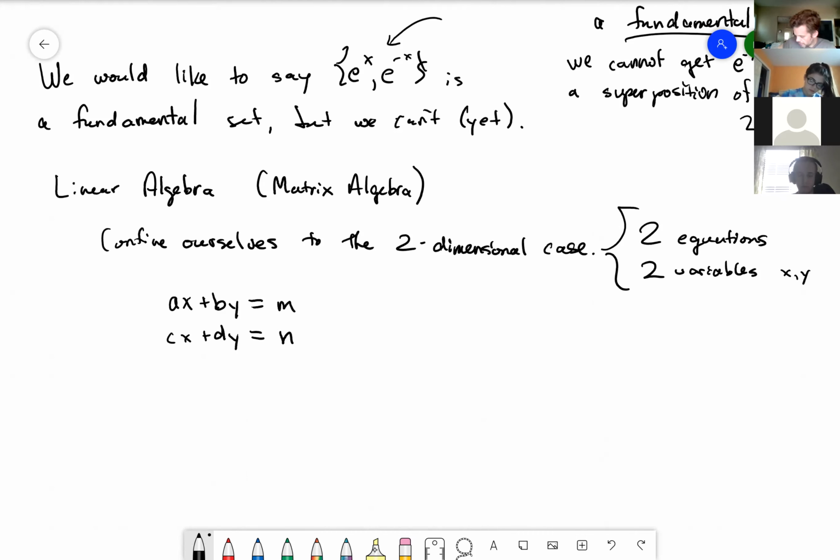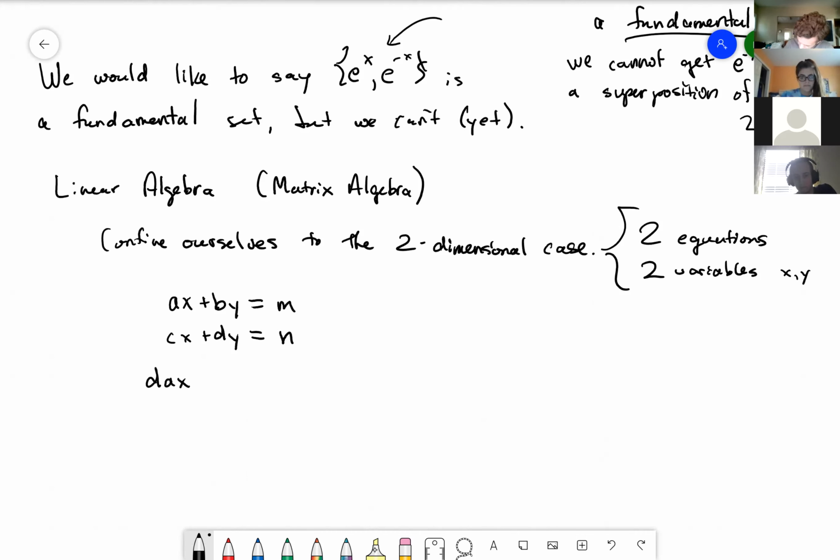We could solve for y in terms of x, and we can plug it back into the other one and see what we get. So we could try that, or let's try something else. Let's take these equations and rescale them. I'm going to take the first one and multiply through by d.